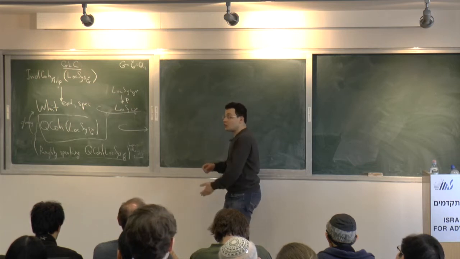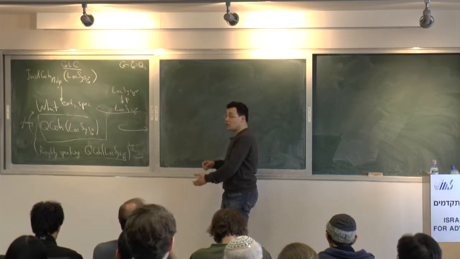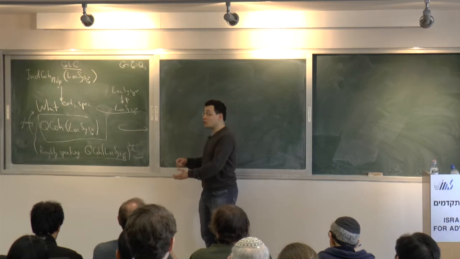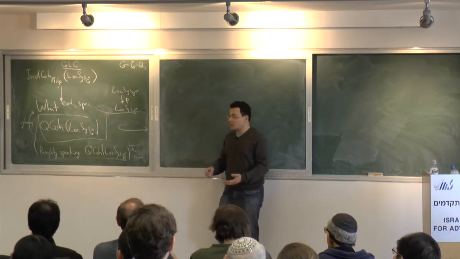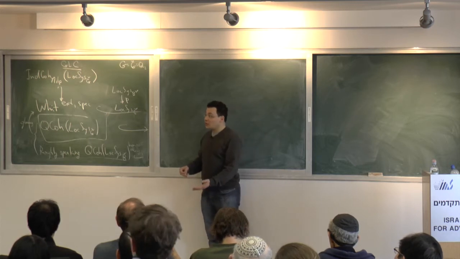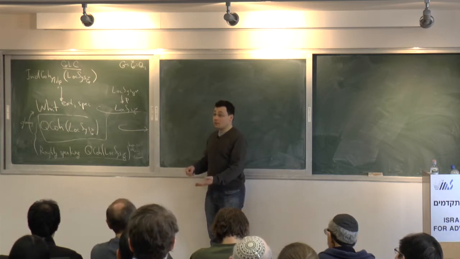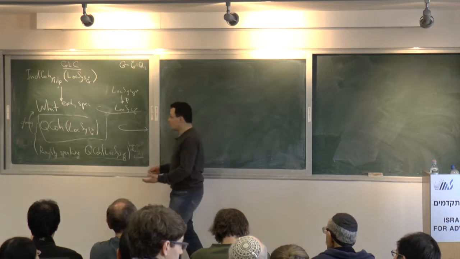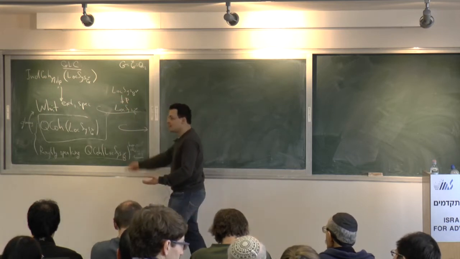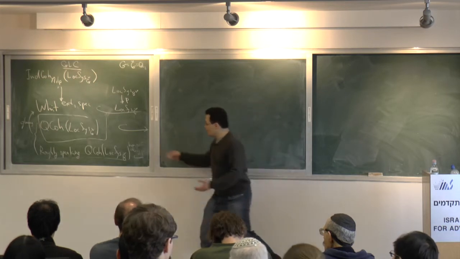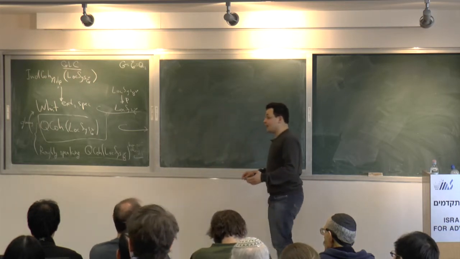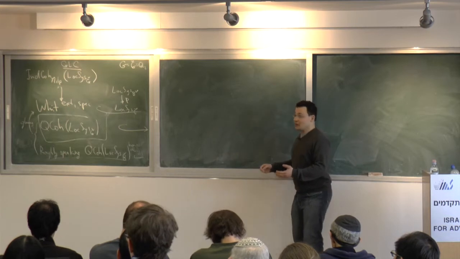The idea is that you want to decompose stuff into eigen things for the Hecke algebra, and this is what gives you the eigenvalue type things.